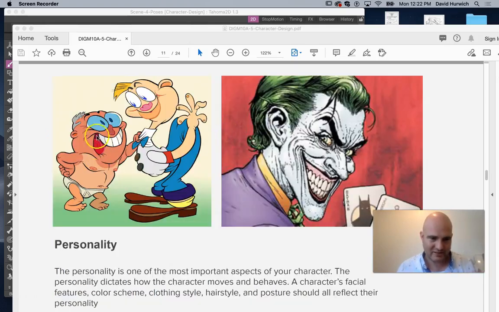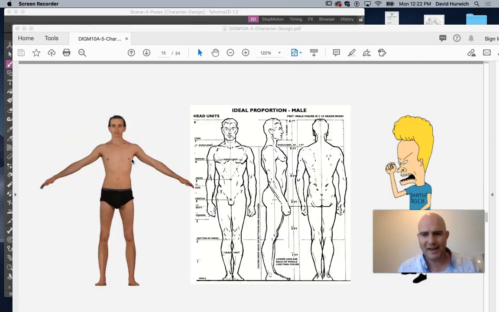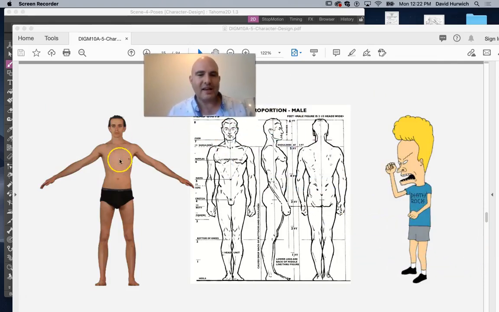Same thing here. This guy's head is almost 2/5 of his body. You know what I mean? Most characters, not to say all, but most cartoon characters are not typically drawn in perfect 8 heads high. This is another thing here. This is an actual model, another one showing the proportions of things.